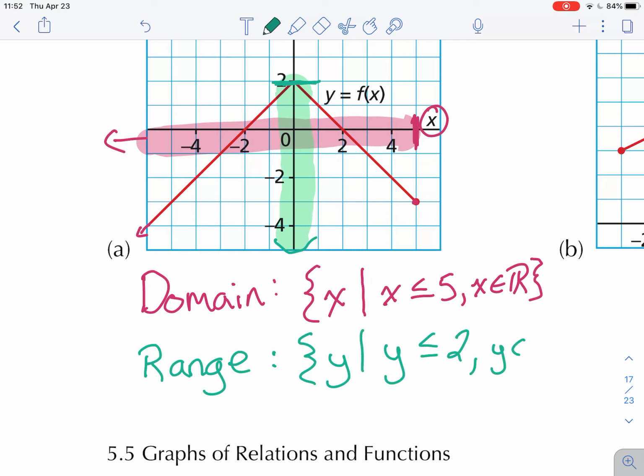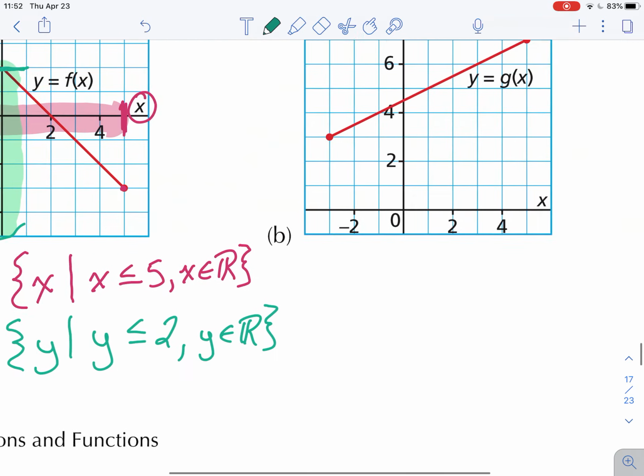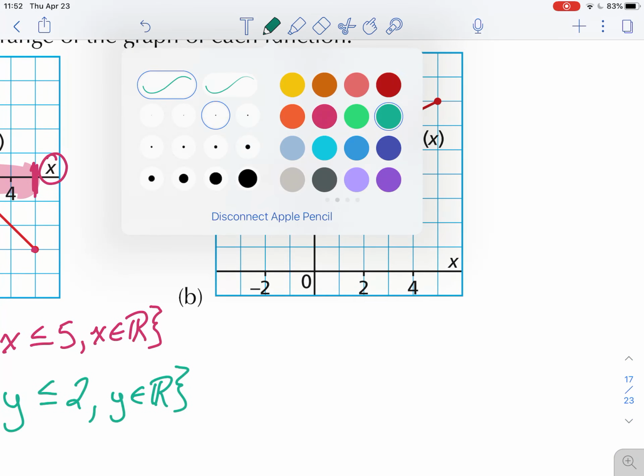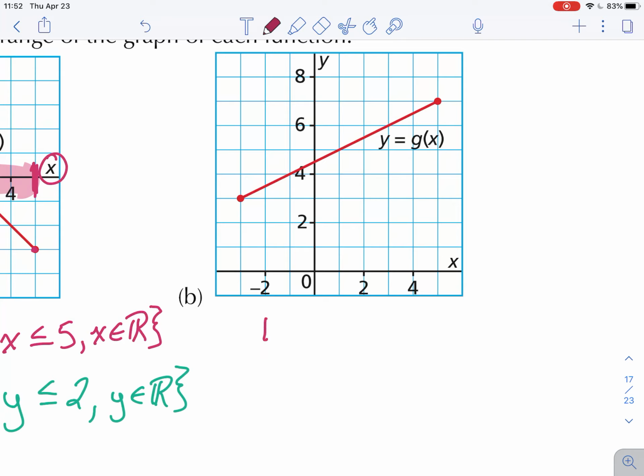So our range is y such that y is less than or equal to 2, and y could be any real number that is less than or equal to 2. Because our graph has a highest point, our range is below the highest point. It's called the maximum point.